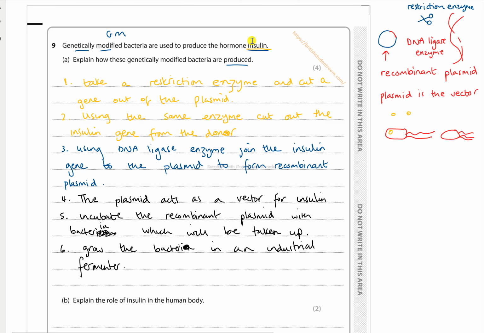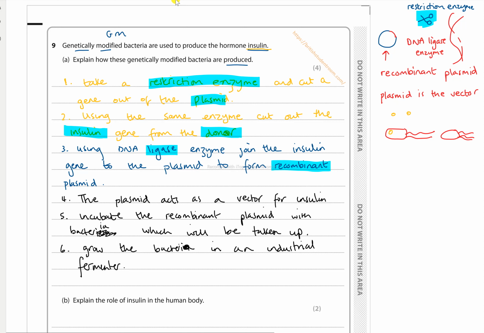So just remember these stages. Restriction enzyme, which is like a pair of scissors to cut out the plasmid. Same restriction enzyme to cut out the insulin from the donor. Then you use DNA ligase to join the insulin to form a recombinant plasmid.